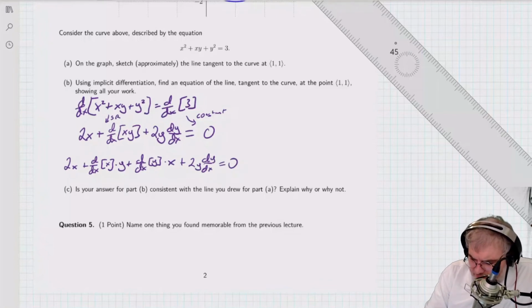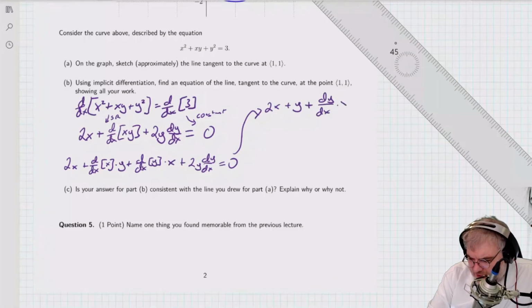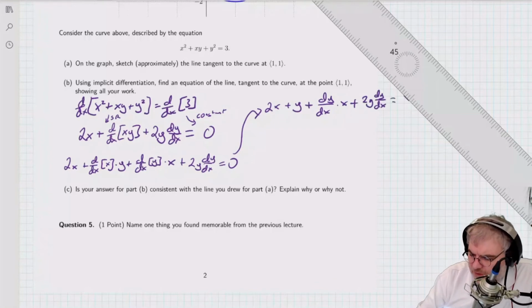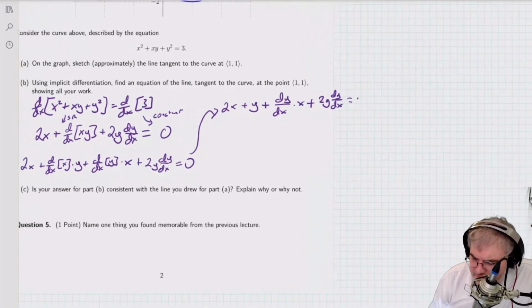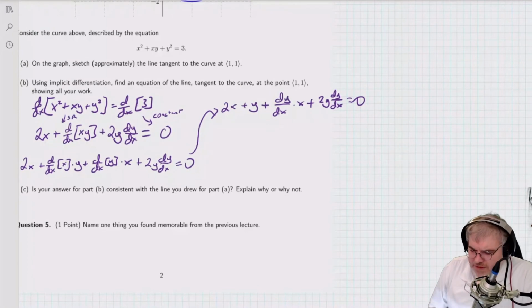That's going to give me 2x. Now, the derivative of x with respect to x is 1. This is going to become a dy over dx. This one stays in x, plus 2y dy over dx, and that equals 0. Now, if I want to, I can solve for the dy over dx. But I'm not going to.